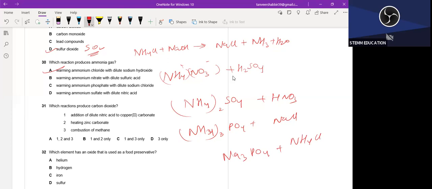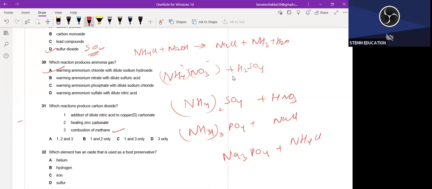Now, question number 31. Which reaction produces carbon dioxide? So in this, addition of dilute nitric acid to copper carbonate, heating zinc carbonate or combustion of methane. Yeah, combustion of methane produces carbon dioxide. Okay, heating a carbonate also produces carbon dioxide.